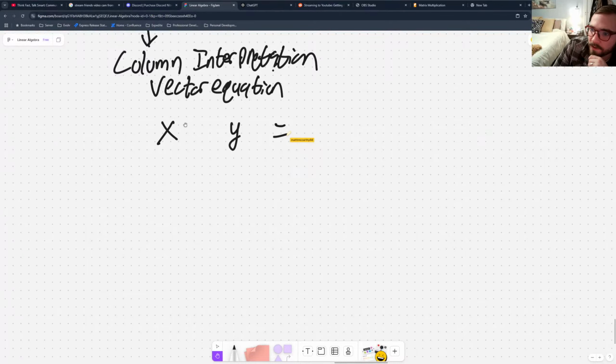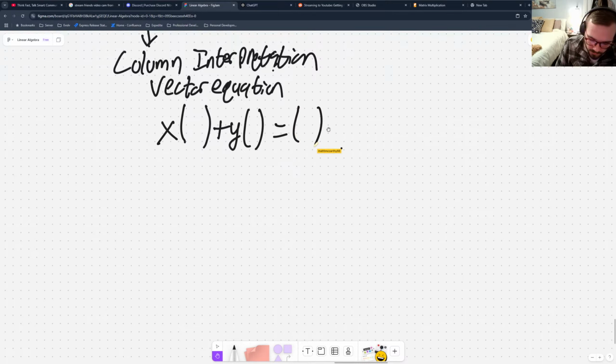We're essentially going to multiply x by a vector and multiply y by a vector, and then that's going to equal some vector. The vectors here would just be the coefficients. So we have 2, 1, and we have -3, 1. And then this is equal to -5, 5. Right?